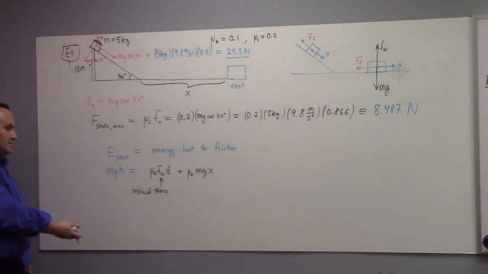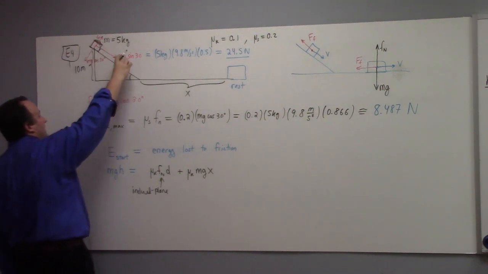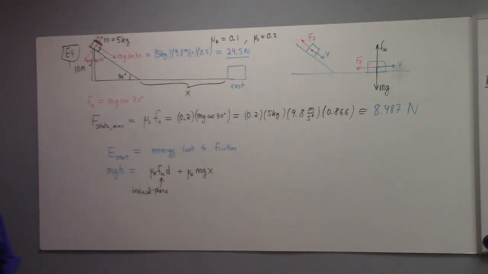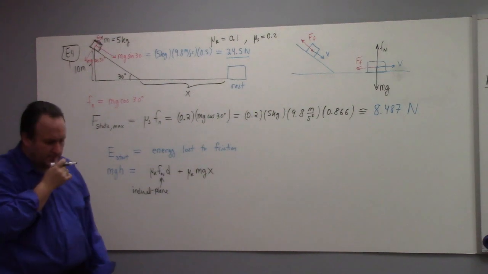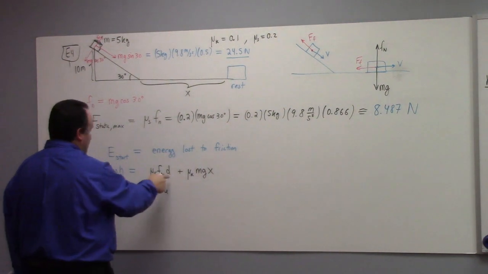Now I need to be careful. I think it's going to slide all the way down. It's conceivable that the friction is large enough that in the process of sliding down, it could stop in the middle? Well, we'll find out.